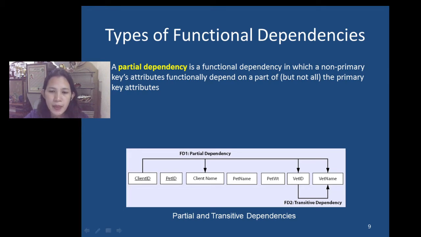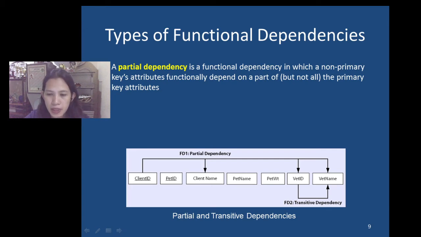So, for example, in this dependency diagram, the client ID and the pet ID are our primary key, but one functional dependency shows that the client ID determines the client name, the vet ID, and the vet name.